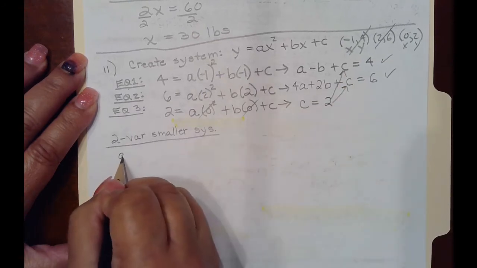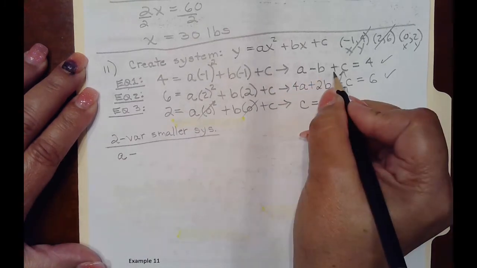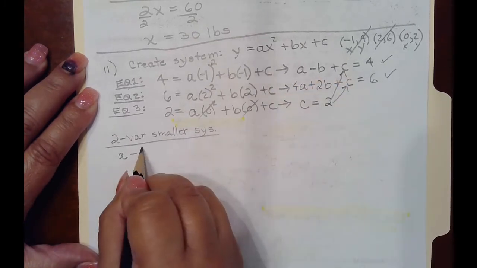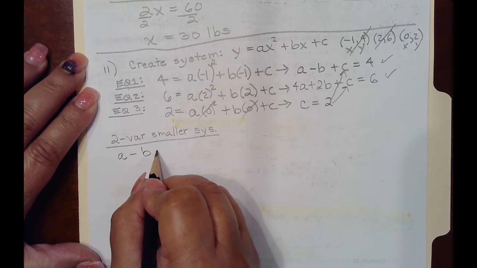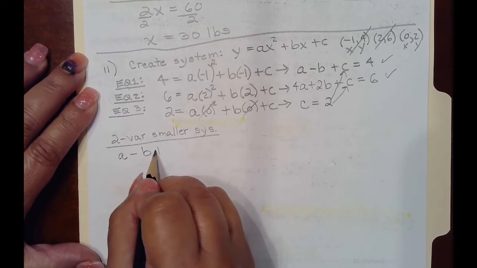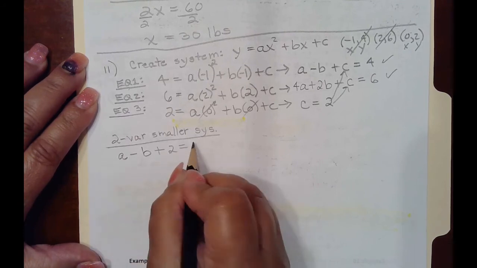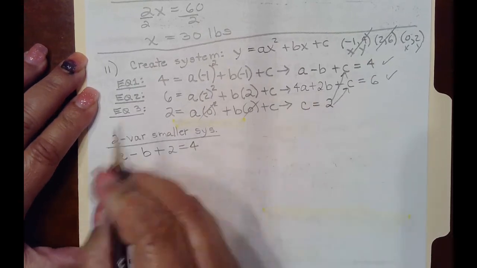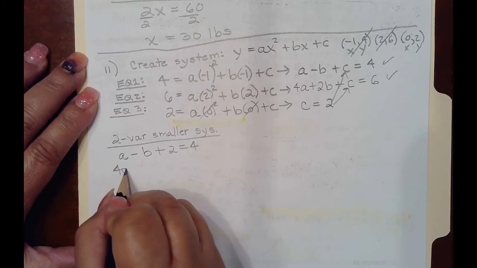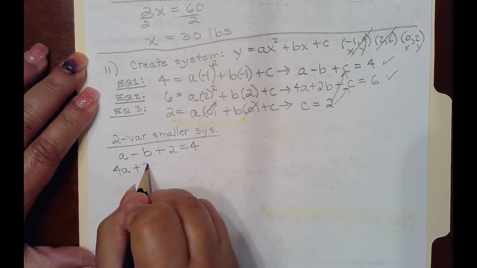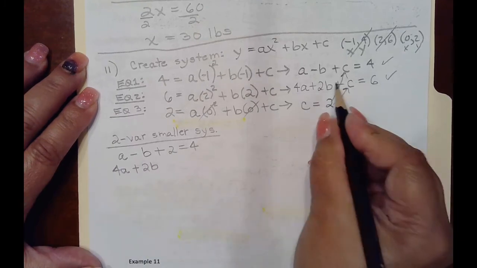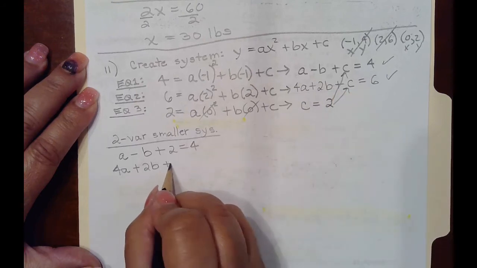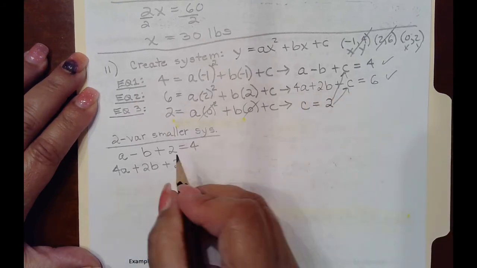Okay, so we're going to have a minus b plus 2 is equal to 4. And then in this equation, we're going to have 4a plus 2b plus c, which again is 2, and that equation is equal to 6.